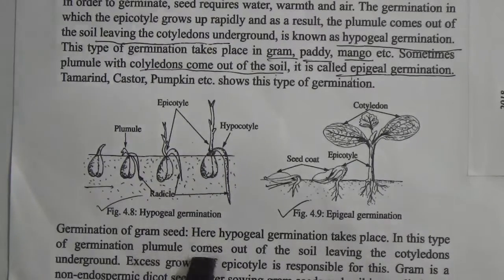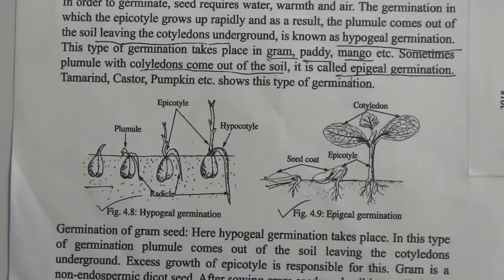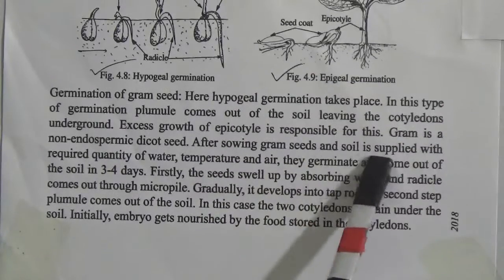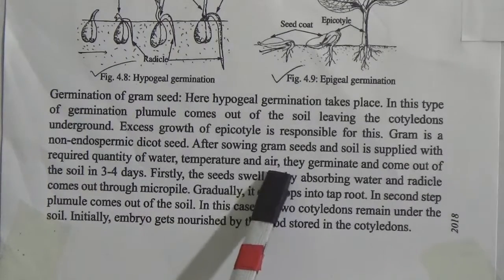Germination of gram seed. Here hypogeal germination takes place. In this type of germination, the plumule comes out of the soil, leaving the cotyledons underground. Excess growth of the epicotyl is responsible for this. Gram is a non-endospermic dicot seed. After sowing the gram seed, the soil is supplied with the required quantity of water, temperature and air.